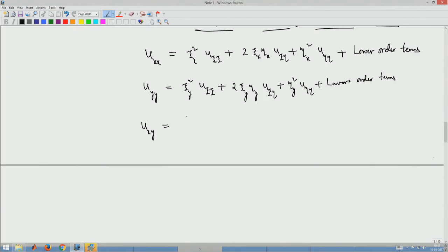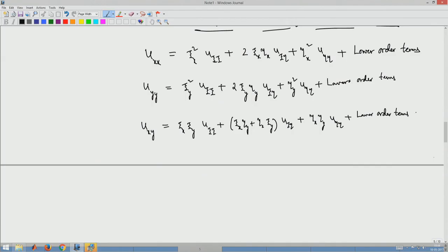Again you will see that by the same calculations, if you collect these higher order terms, second order terms, what you get is xi_x xi_y u_xi xi. Here you get xi_x eta_y plus eta_x xi_y of u_xi eta plus eta_x eta_y u_eta eta plus lower order terms.